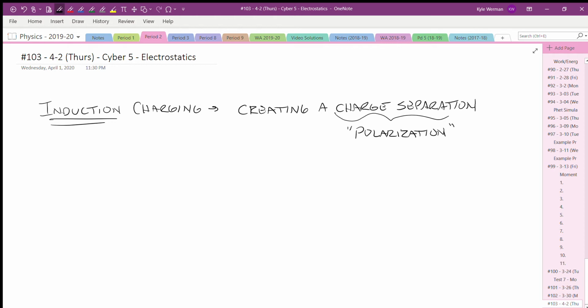Remember, the protons don't move because the atoms aren't physically moving, but the electrons can kind of flow around because they're in this electron cloud. All right, so we're creating a charge separation in a material by bringing a charged object near that material.